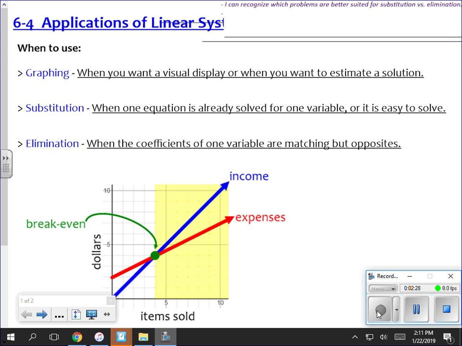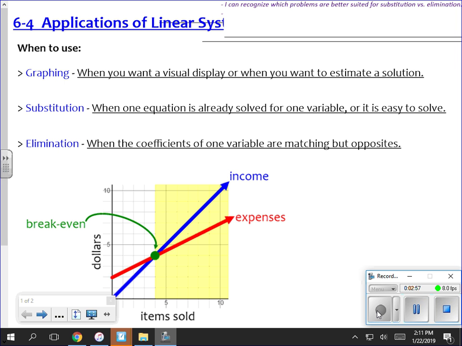If I say use elimination and you use substitution, you get a 0. I don't care if you get the right answer or not. It's not just about the answer, it's about the process. Did you do what I asked you to do? If you don't do it the way I ask you to do it, you will get a 0 for that question. Because I need to know that you can solve it doing different ways.